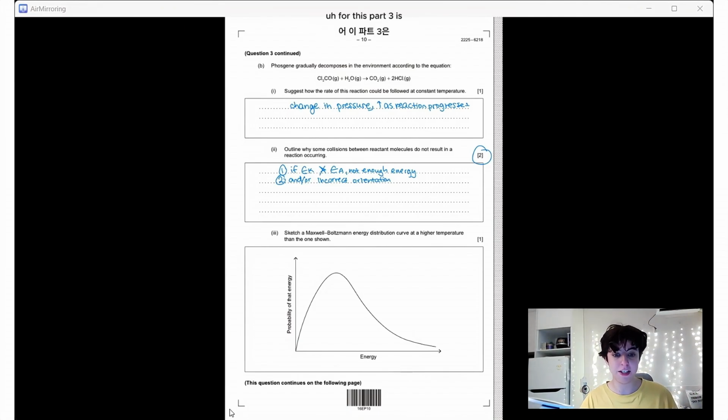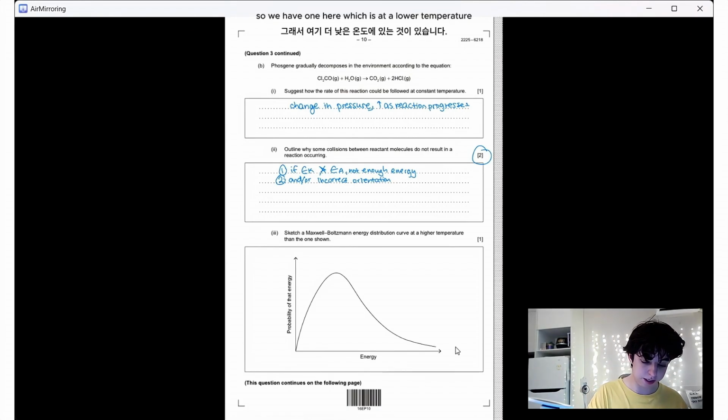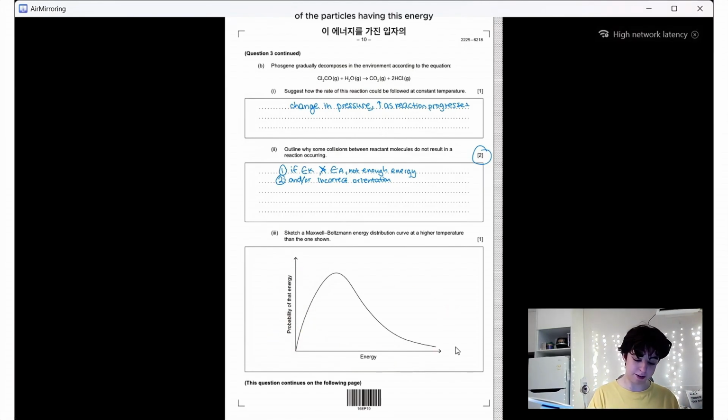For this part 3, we have to sketch a Maxwell-Boltzmann distribution curve at a higher temperature than the one shown. So we have one here, which is at a lower temperature. And so you can see the probability of the particles having this energy is really high at the beginning, and then it slowly decreases.